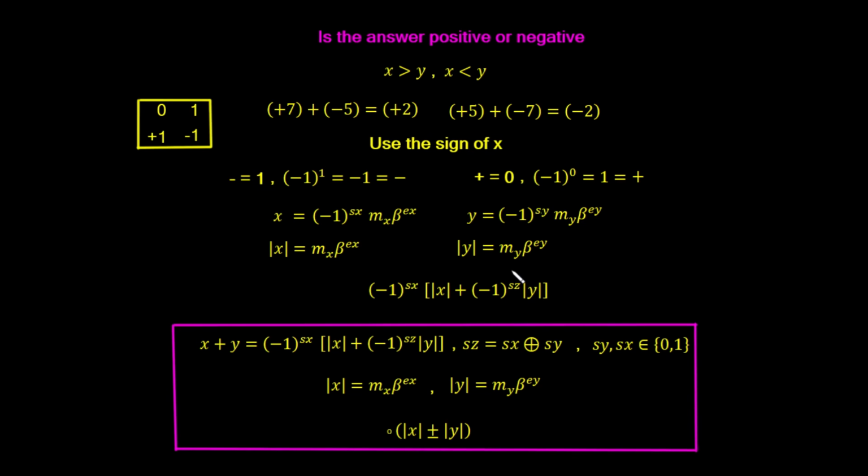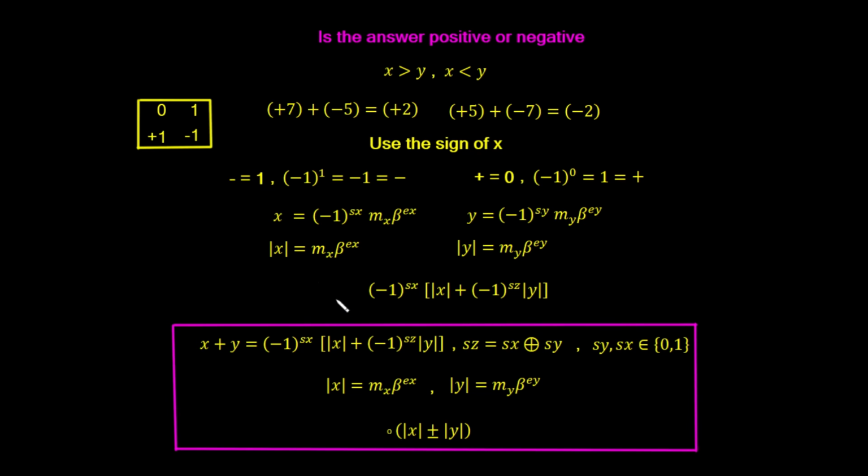Now SZ again is just the exclusive OR of SX and SY, but of course we have to write it in this format here, minus 1 raised to that power. So this here will give us the magnitude of the result, so really it will tell us whether we have to add or subtract the numbers. And this part out here will give us the sign of the result.